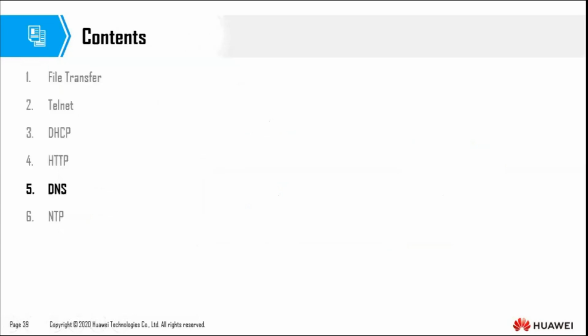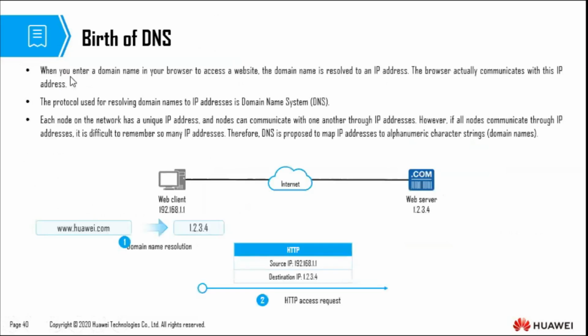Okay, so now let's look at DNS. Very fast, I've been promising you that we're going to look at DNS. This is the time to look at the domain name system server. Now, when you enter a domain name in your browser to access a website, the domain name is resolved to an IP address. The browser actually communicates with this IP address. So look here.